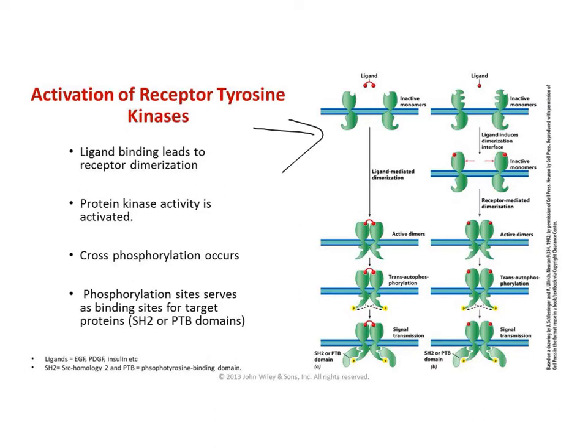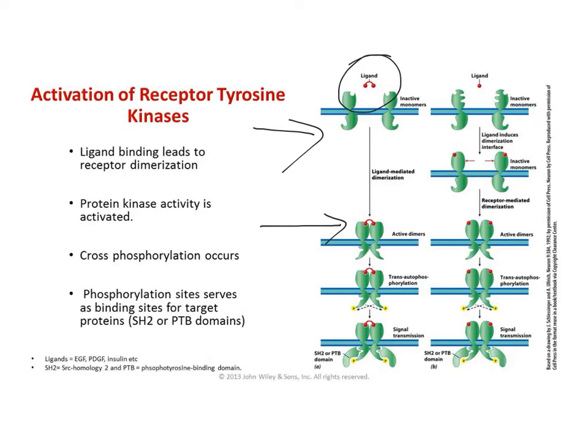Specifically, one potential mechanism is that the signal molecule itself exists with two binding domains on it, and these two binding domains will interact with their binding sites on two different receptors. When they do so, this will force two receptors to come together to actively dimerize.